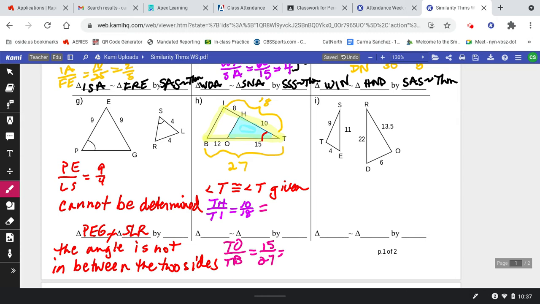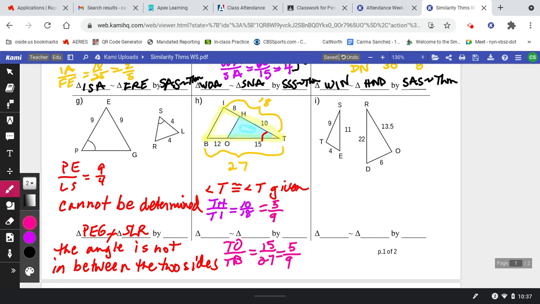So let's reduce these down. 3 goes into 15 5 times. 3 goes into 27 9 times. Looking at the other one, 2 goes into 10 5 times. 2 goes into 18 9 times. Do you guys see that they do have the same side ratio of 5/9? Yay! So they are similar.